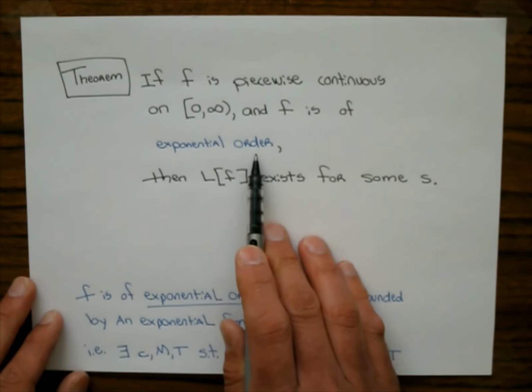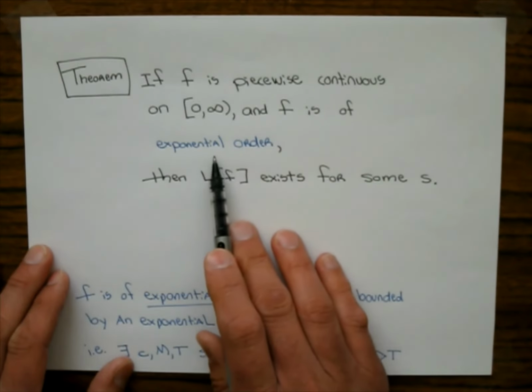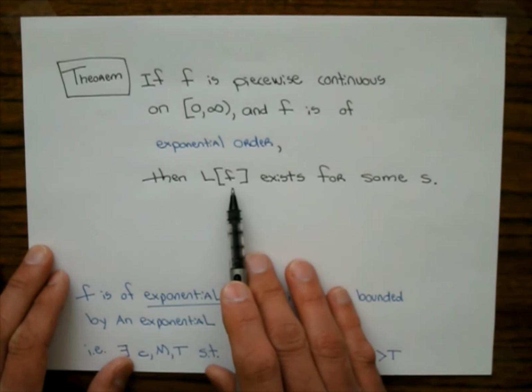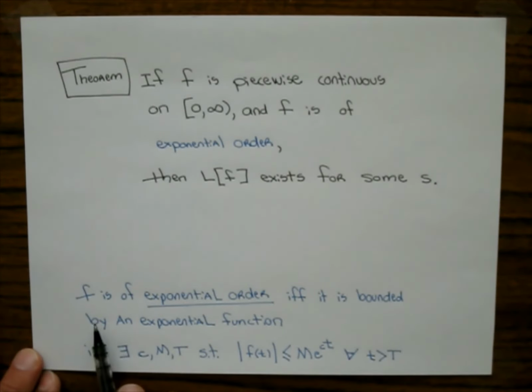It just means it's bounded by an exponential function. So if you have a function that is bounded by an exponential function, then L of f, the Laplace transform of that function, exists for some s. So here's the technical definition of exponential order. You don't have to memorize this or even use this. And we'll keep this here for the math majors and the people who are interested in this.